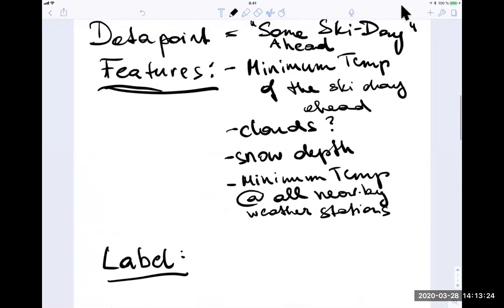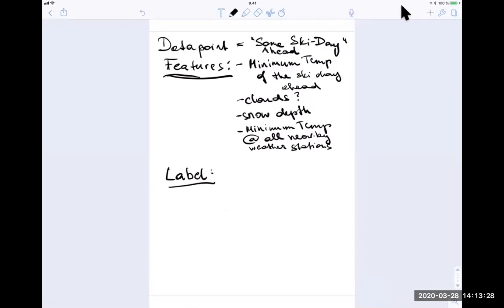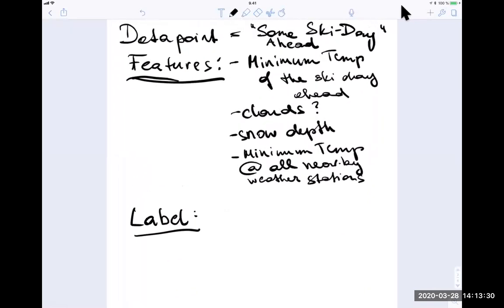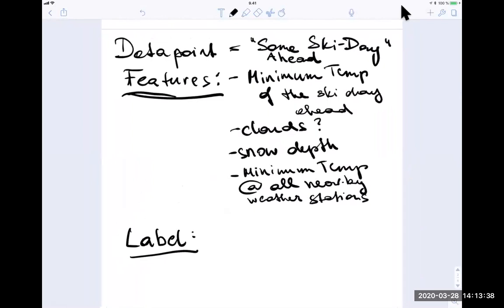Okay, so that's about features. What could be the label? What could be the quantity of interest of a data point? I have already given you an idea. So what could be the label? This is all features. So this is a feature vector.